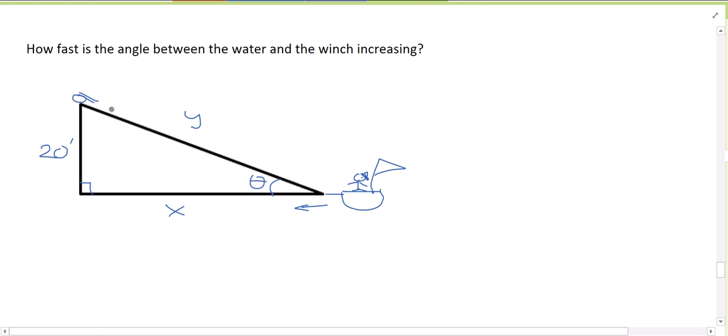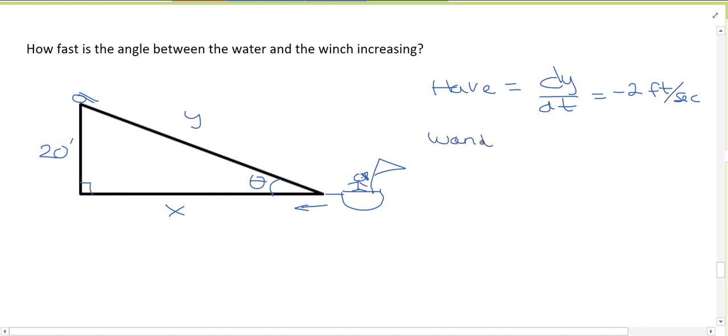So let's call that theta. The information is the same. So now let me do it with the negative here. What we have is dy/dt equals negative 2 feet per second. Now I'm going to use the actual negative and see how our answer comes up.